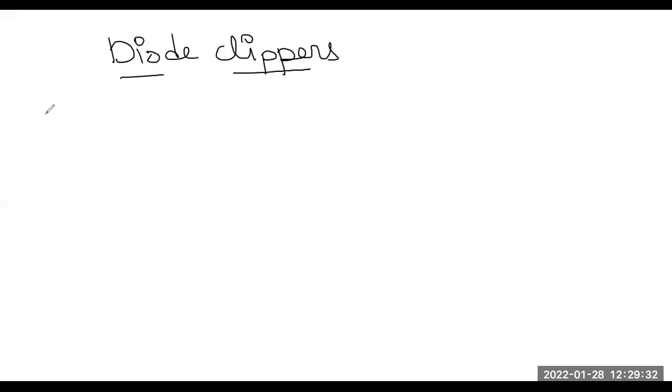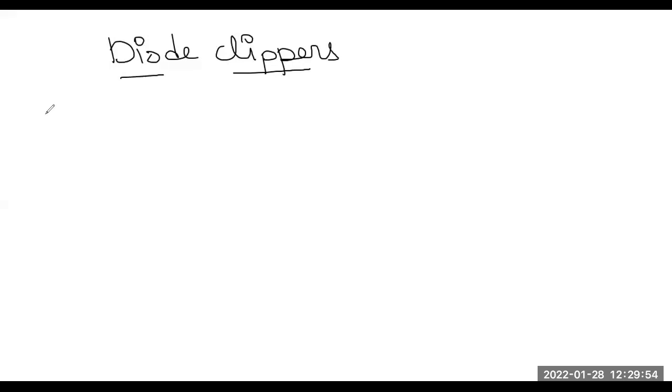If you are using a transistor as the device, you call them transistor clippers. But in our syllabus, we will be talking about diode clippers.